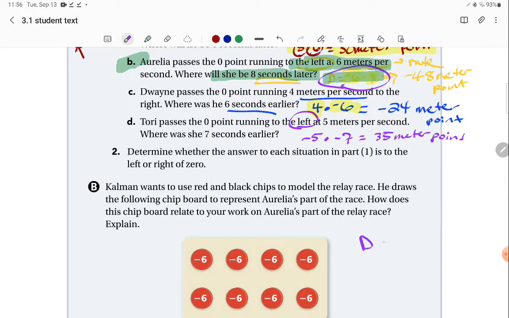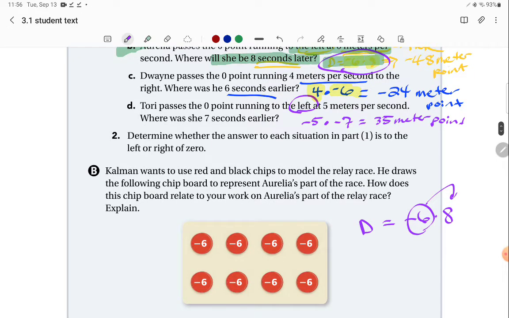We had the distance is equal to -6 times 8, right? This is saying, hey, take -6, add it to itself 8 times. And that's what this chipboard is showing. -6 plus -6 plus -6 plus -6 plus -6 plus -6 plus -6 plus -6. That's where we get the -48 meters.